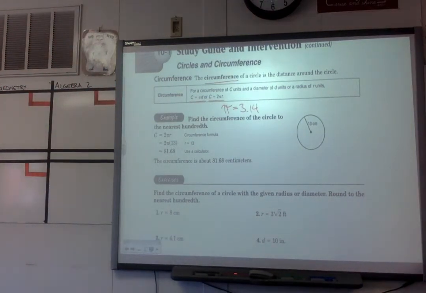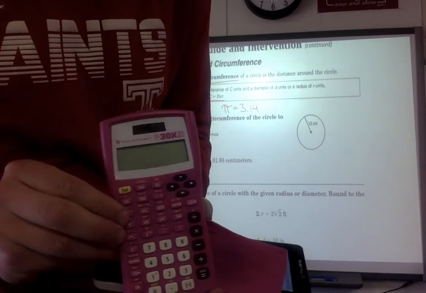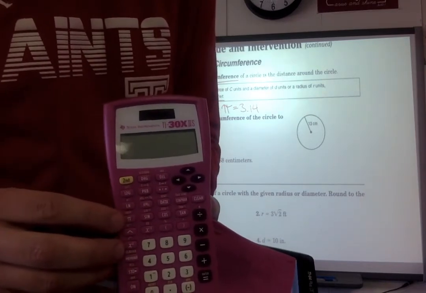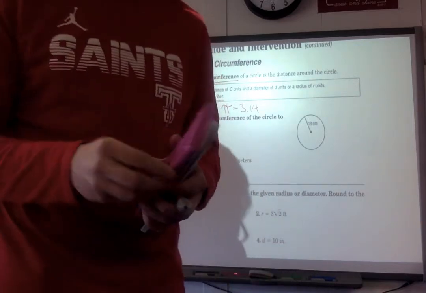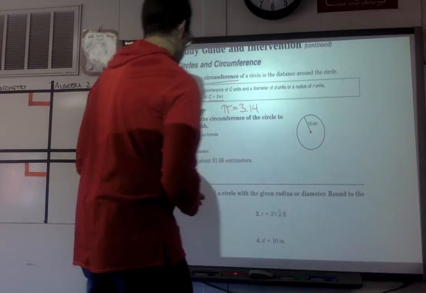I'm going to take a look at another calculator here real quick. If you have one of these calculators like what I have in my classroom, these also have a pi button right here, which you wouldn't have to press second first, you would just press that pi button.